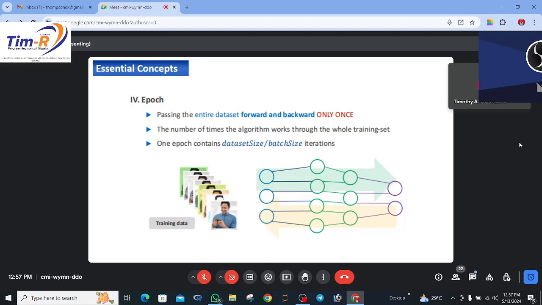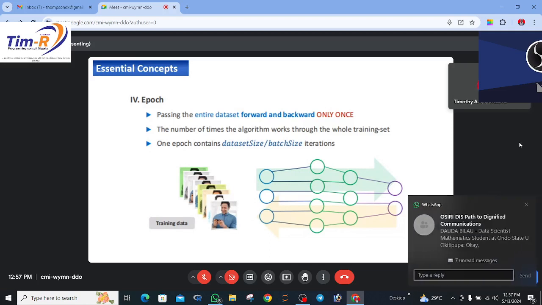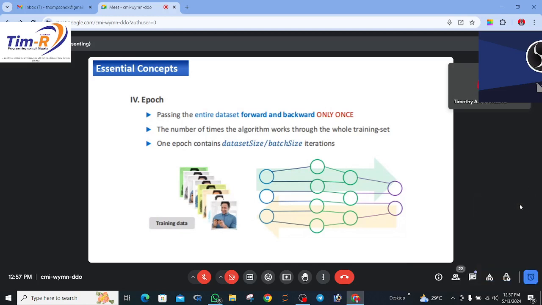You are telling the model to go through the whole data set 10 times, and that's not enough. In reality, if you want to deploy a deep learning model in the real world, you must use at least 1000 epochs.